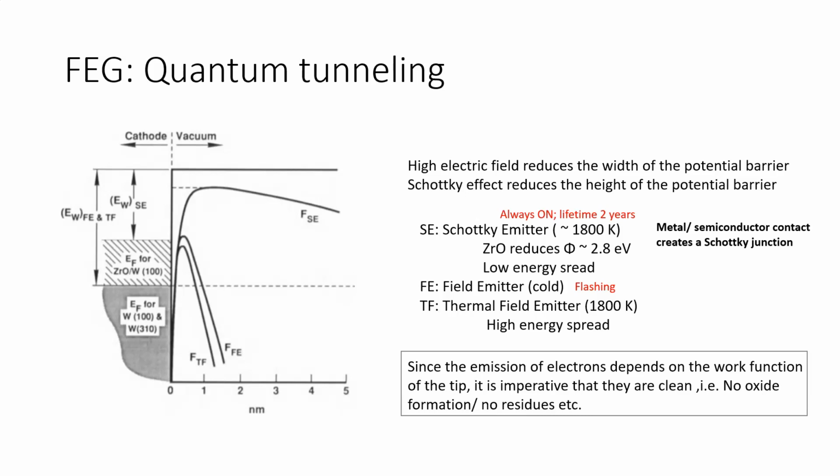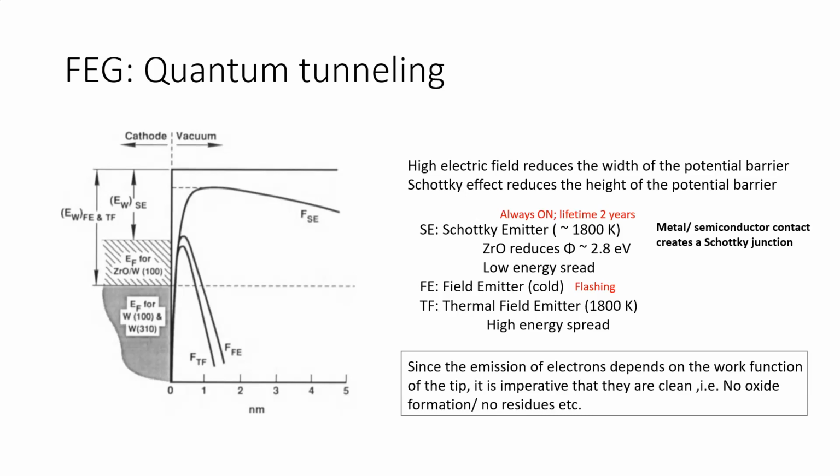As a result of that, the effective work function of the combination of the semiconductor and the metal is less than the work function of the metal itself, right? So you're able to reduce the work function, which means now you have better probability of the quantum tunneling happening along with the thermodynamic emission.